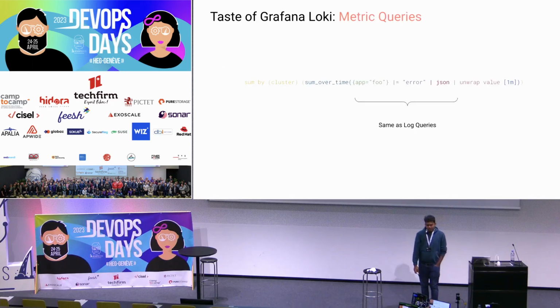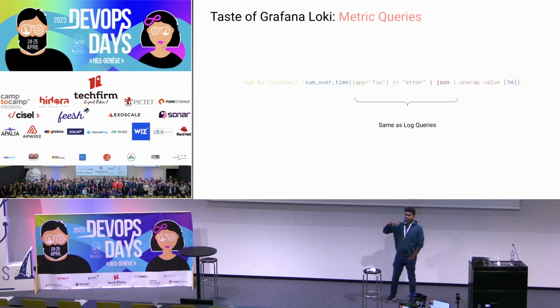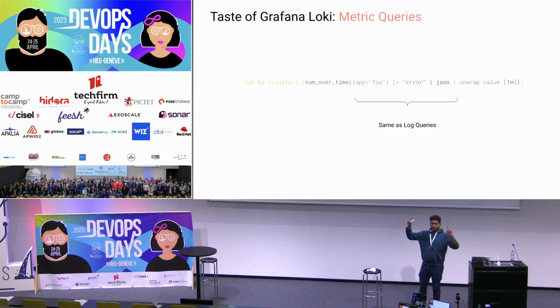The main difference with metric queries is that the output is no longer just the log lines. What you're doing here is creating a metric on the fly with just LogQL. In this case, everything that is highlighted here is just a matcher: give me all the logs from app equal to foo that match error and parse them as JSON, right?